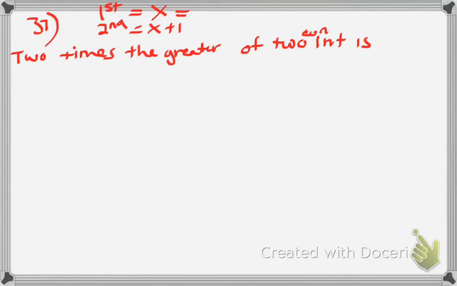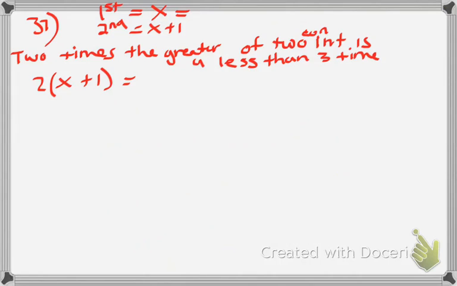So 2 times the greater of the 2. Which one is greater? X plus 1. Is means equals. Now for the rest of this, it says 9 less than three times the lesser integer.